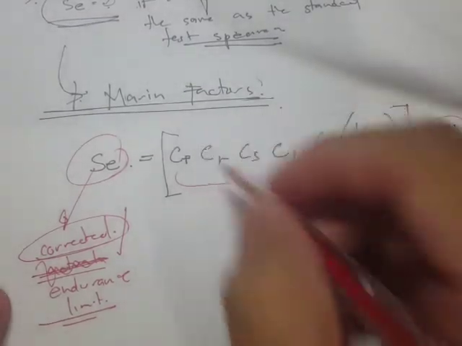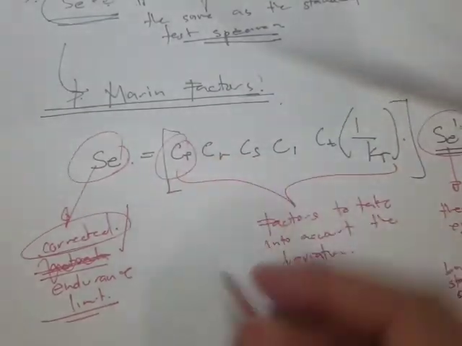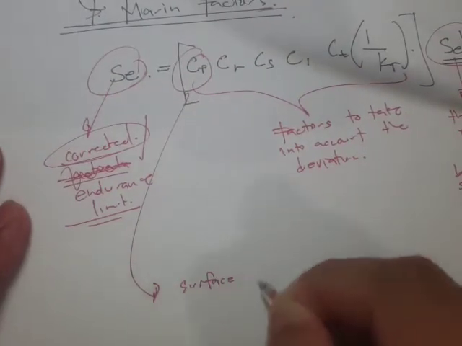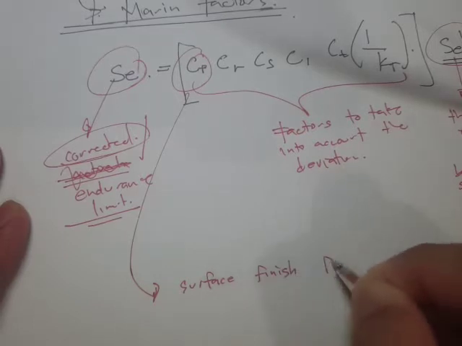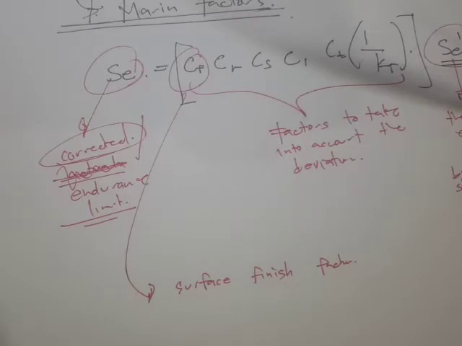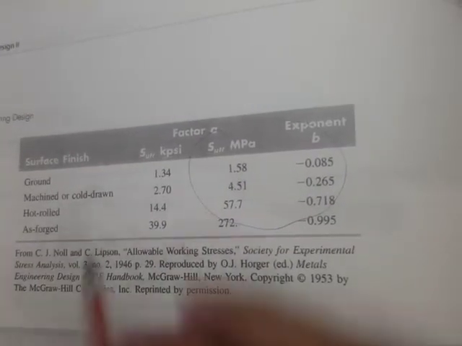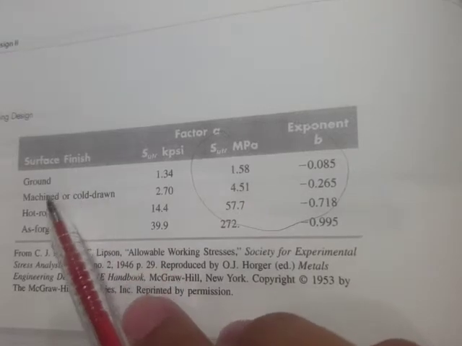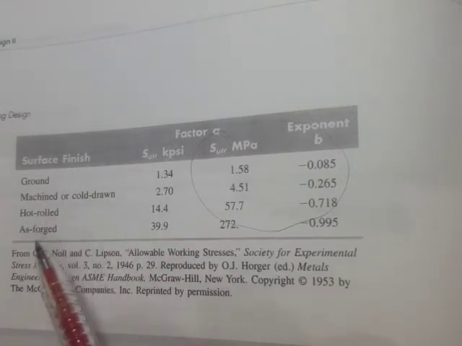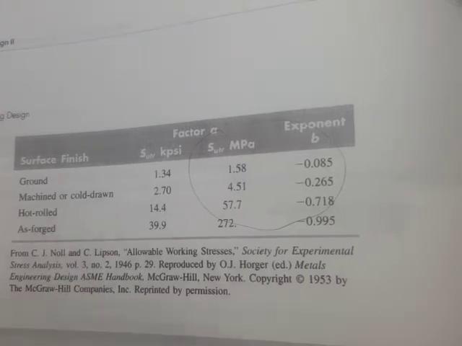This CF right here is the surface finish factor. If we check here, we have surface finish, for example ground, machined, cold drawn, hot rolled, or as forged.